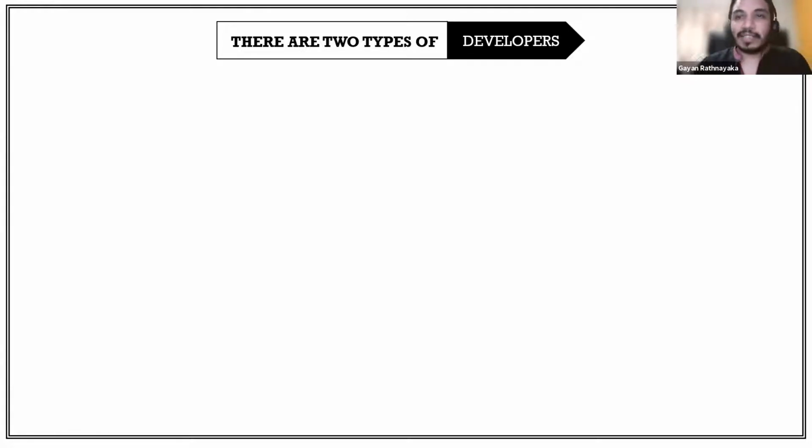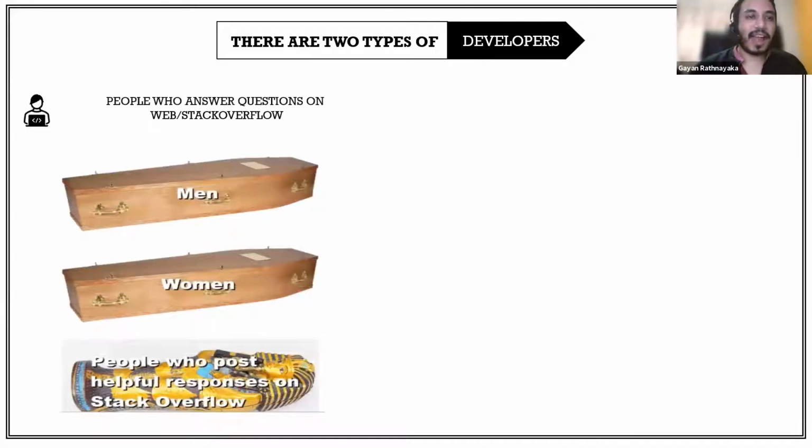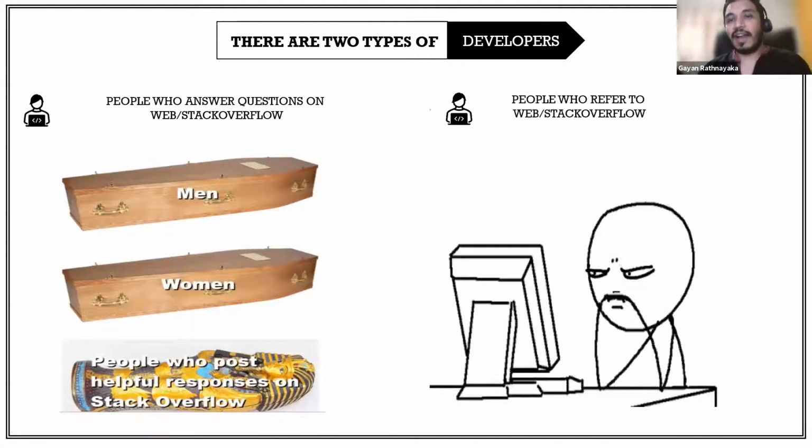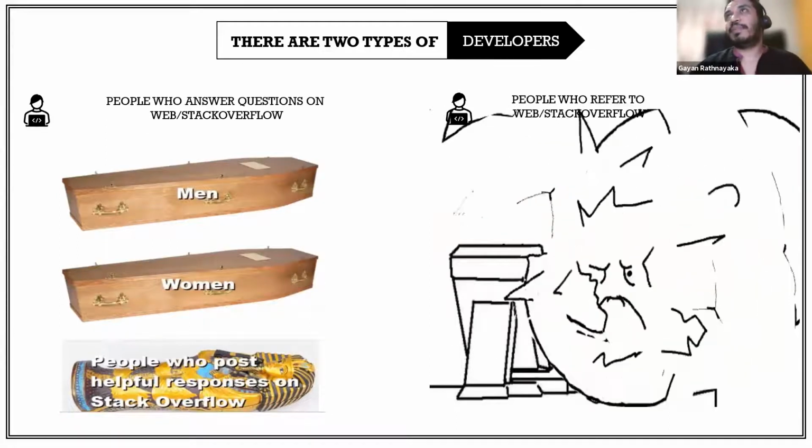So basically, in the developer community, there are two types of developers, right? We have the people who answer the questions on the web or Stack Overflow, and we have the people who refer to Stack Overflow, the option B people.